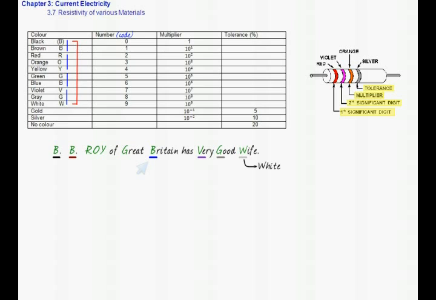And the third B stands for blue. See, B appears here 3 times: black, brown, blue. And the rest of the colors you can recall. R for red, O for orange, yellow, and so on.